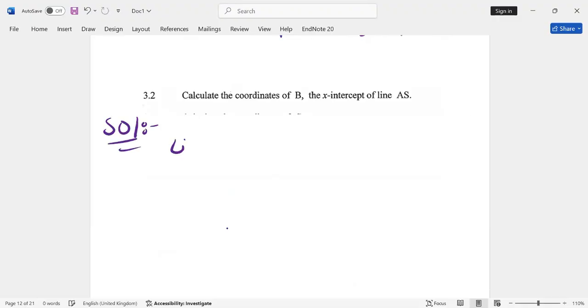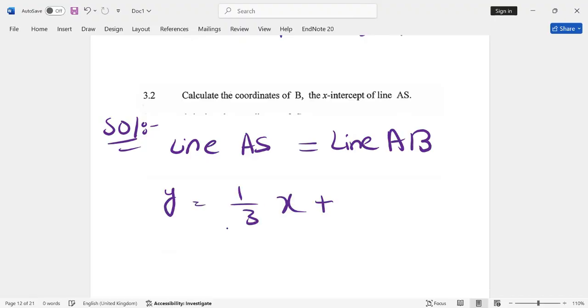So we have y equals 1 by 3x plus 3. The x-intercept is where y equals 0.